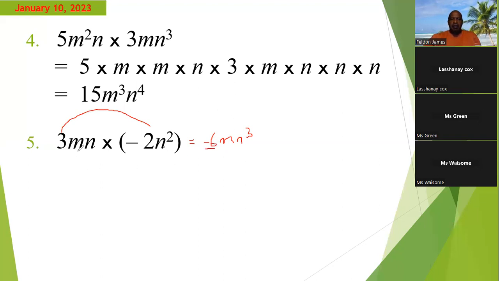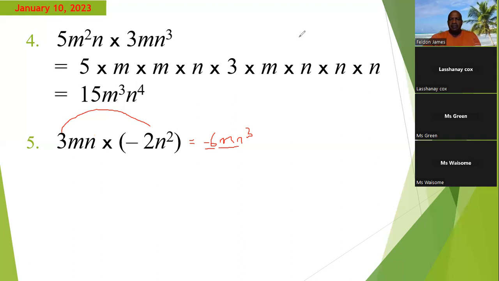Now for the m, how many m's you have? 1, and what power is it raised to? To the power 1, so you just put back the m. For the n's now, you have an n here to the power 1, you have an n here to the power 2. So all you're going to do is just simply add the 1 plus the 2, so n would be raised to the power 3. All right, so that's how she arrived at this answer.